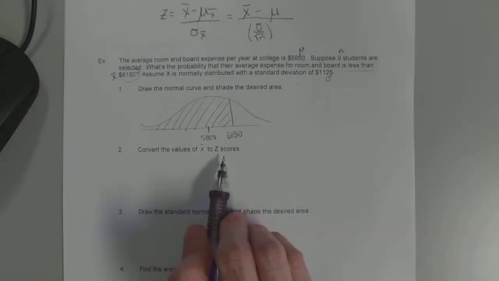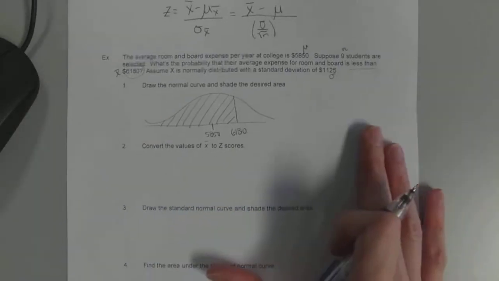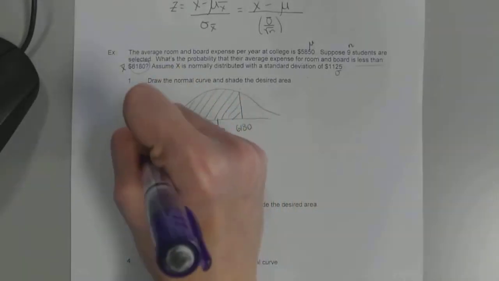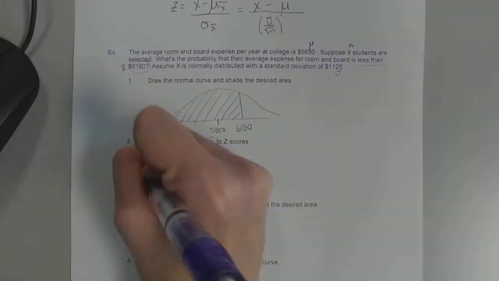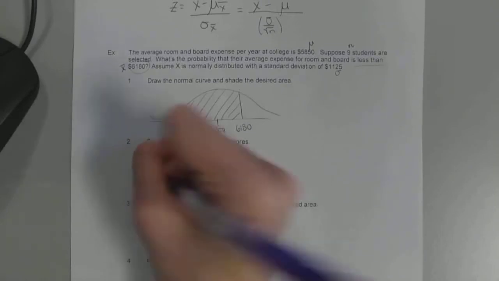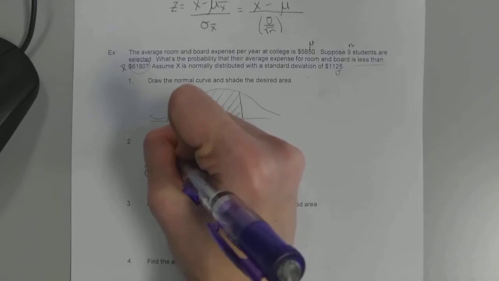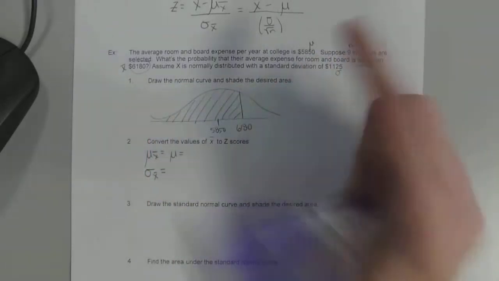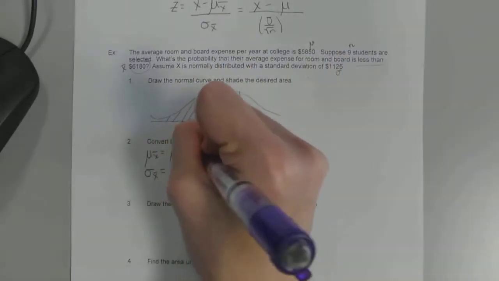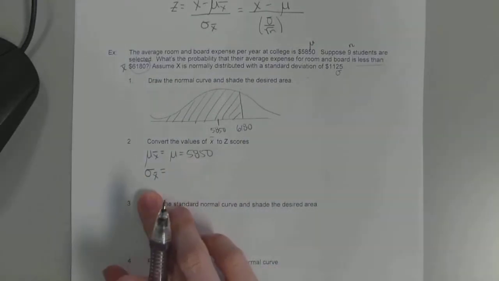All right. Convert the values of x to z. So how MyMathLab does it is they ask, what is mu of x bar and what is sigma of x bar? Early in the problem, they ask what is now your mean for your sampling average? And what do we know about the means? The means don't change. The mean is just mu that you labeled, which in this case is 58.50.